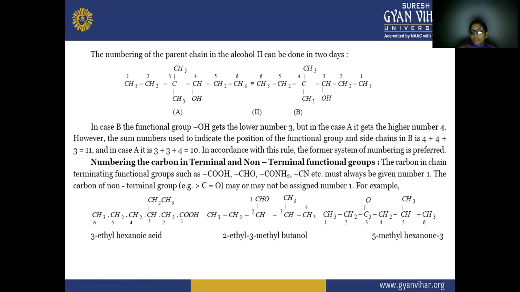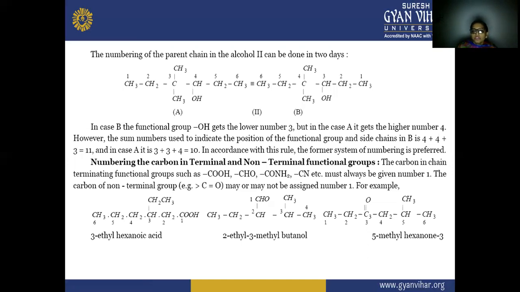So they should be given preference for 1, and for the carbon of a non-terminal group, such as a ketone, it should not be assigned number 1. For example, if a CHO group is attached, then this CHO group has a carbon atom, so it should be given the number 1 position.